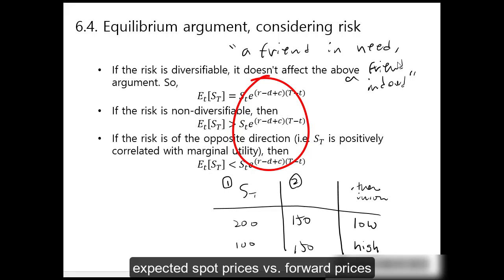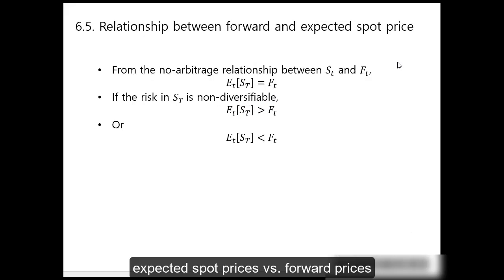So let's just replace this with the forward price. We have this slide. Instead of talking about the current spot price, once you replace that part with the current forward price, then we have these three equations again.